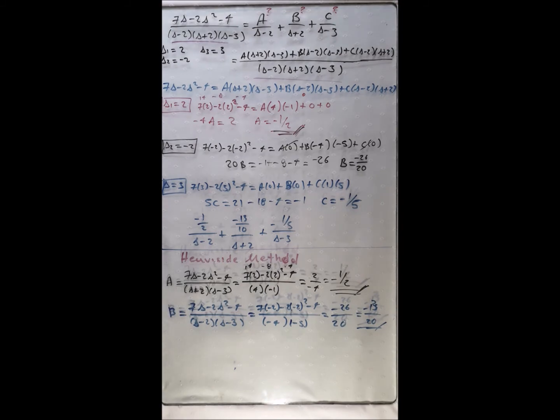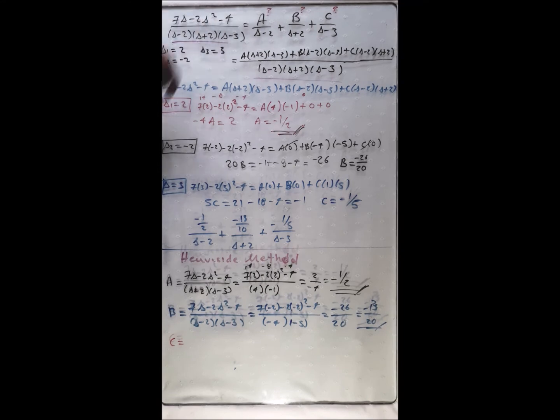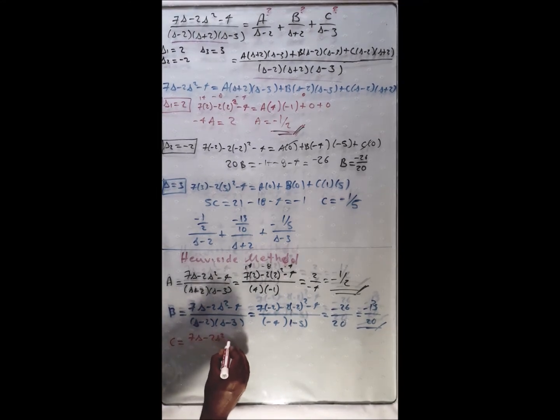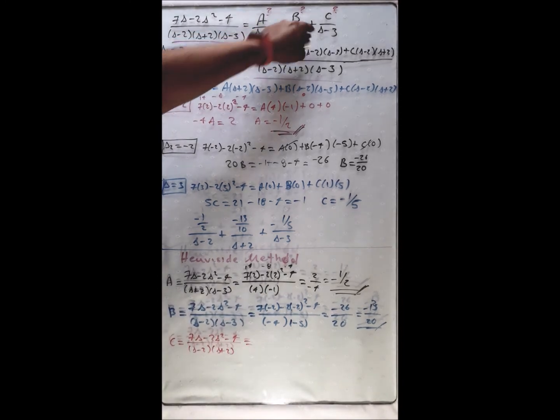I'm going to do the last one. The last one is c. The value of c is, for c is divided by s minus 3, so you remove s minus 3, so it's going to be 7s minus 2s squared minus 4 over s minus 2 and s plus 2. And then you replace the value of s equal to 3 because that is the root for the c.